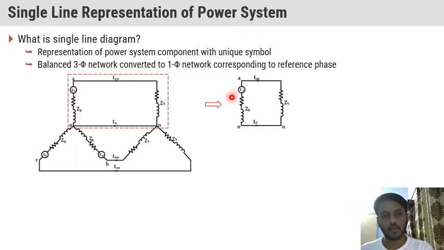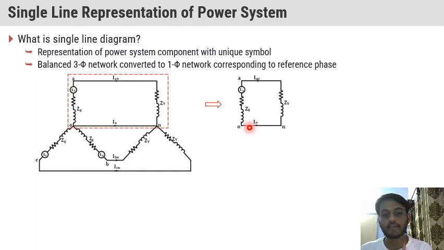If the generator is of any type, like a synchronous generator, in a synchronous generator there are also windings, in the stator and rotor as well. These windings are represented by resistance and reactance, and combined we can say it is ZG.